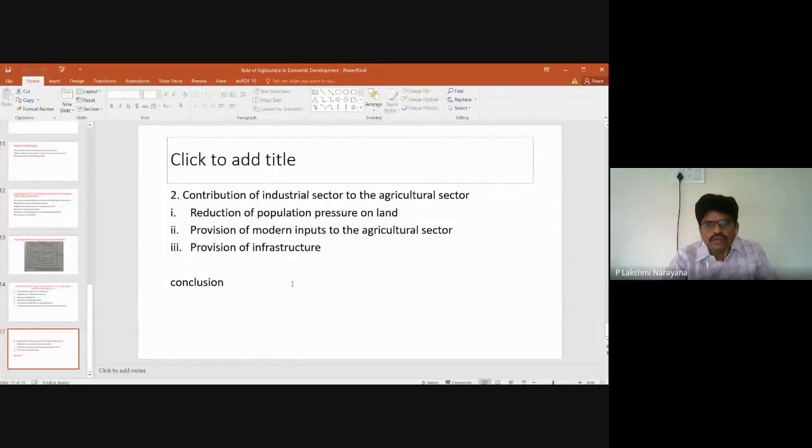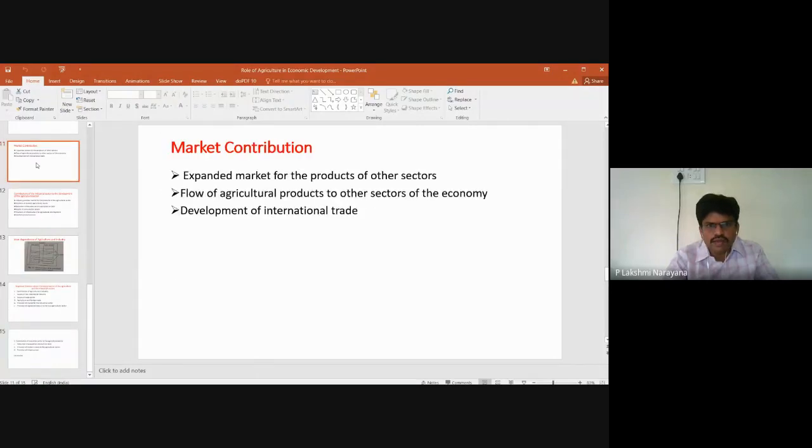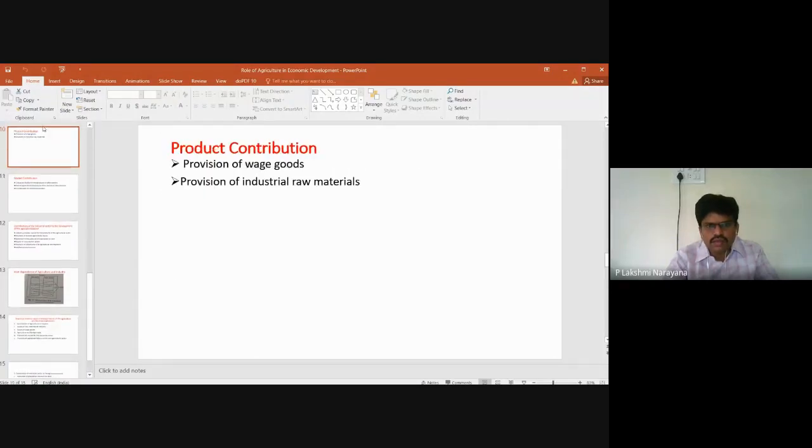So here, another contribution is product contribution. Regarding product contribution, the product contribution of agriculture towards an overall economic development takes two forms.